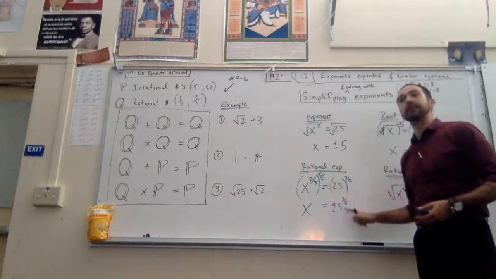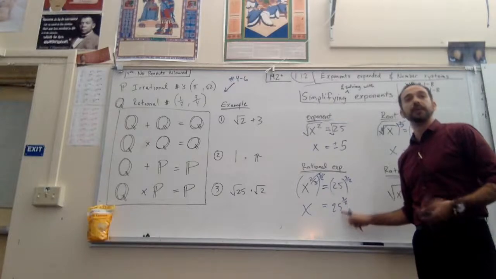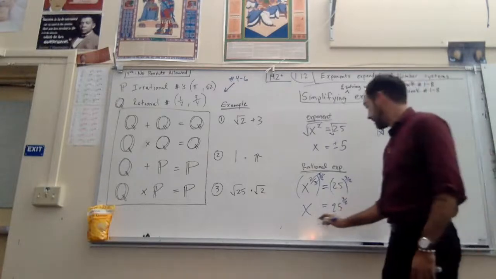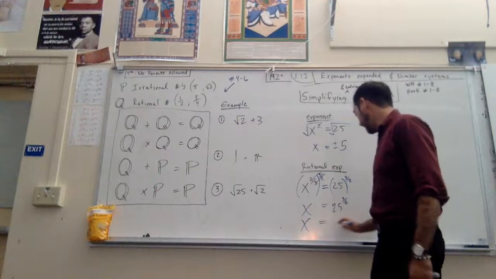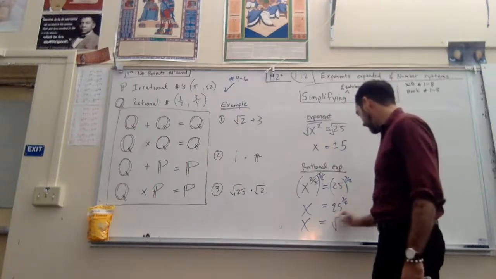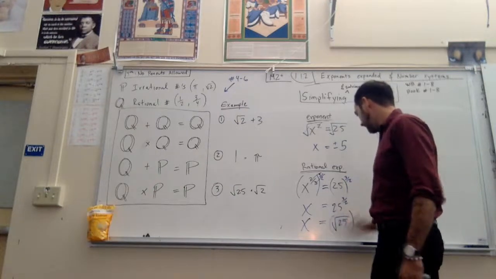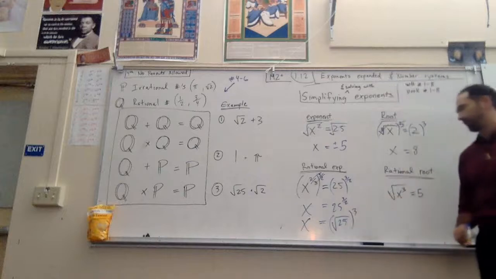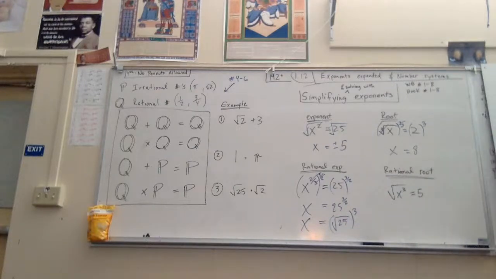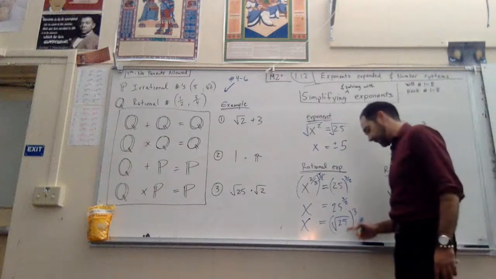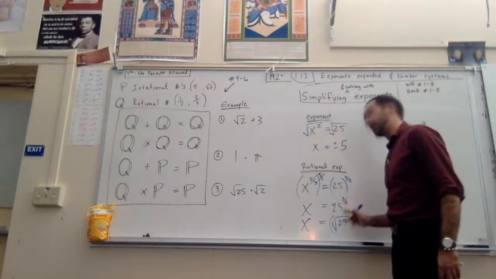They're going to allow you to leave the answer like this for the classwork. But if we needed to find an actual value, then we would have the square root of 25, and we would also have to cube it. That's where the power would go. But I don't need you to convert it to solve it. For the classwork, you can leave it like this.